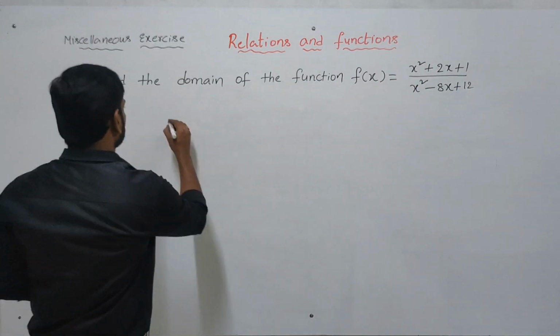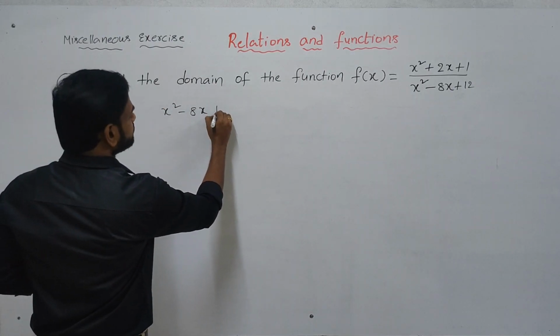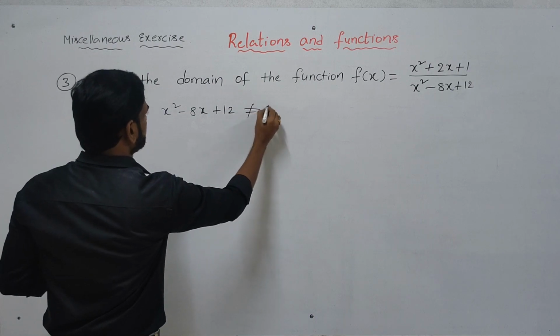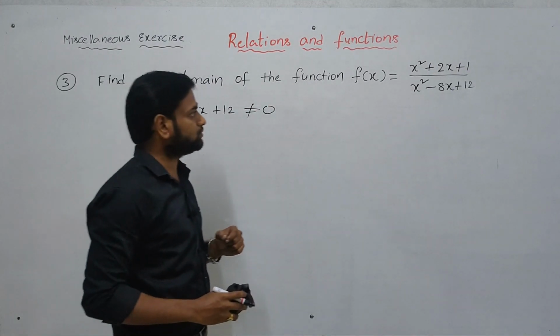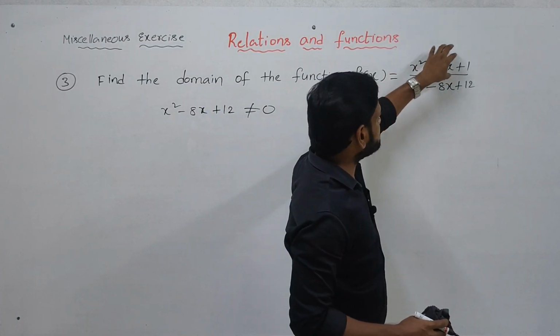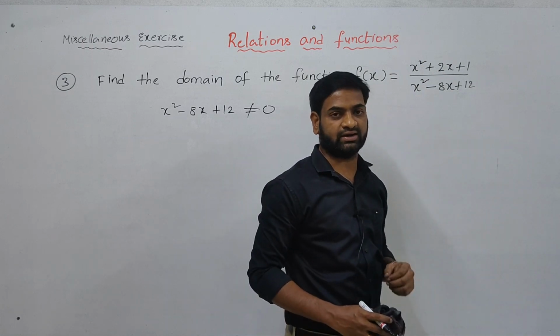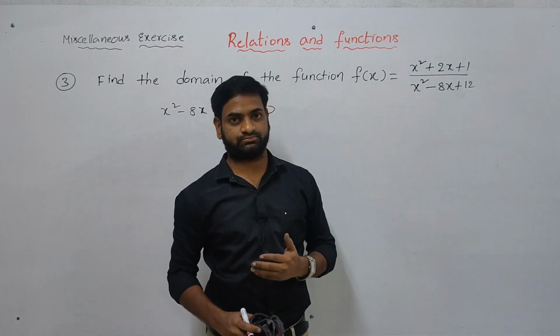That's why, remember, when you are finding the domain, always denominator not equal to 0 only. That's why x square minus 8x plus 12 compulsorily not equal to 0. Why is it not equal to 0? If it is 0, it means something by 0. It is not defined, but we have to take the values which are defined.